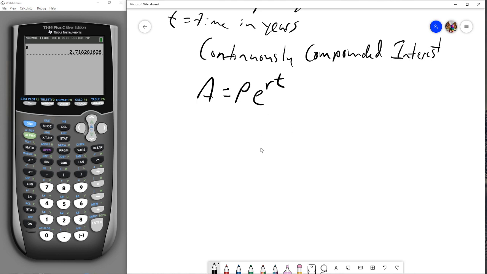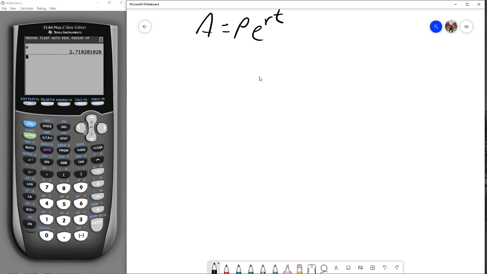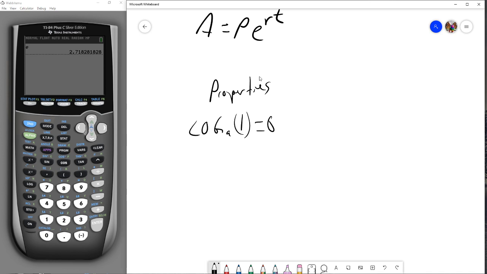Then after we looked at these examples, we looked at logarithms again. We had these properties. If you have log base a of 1, that was equal to 0. Log base a of a was equal to 1.